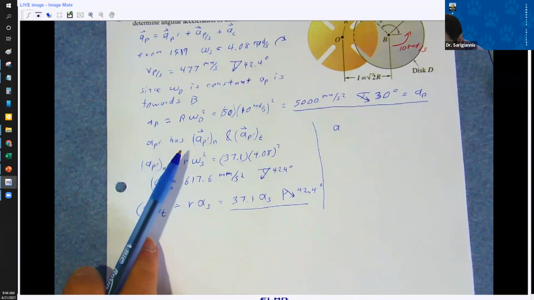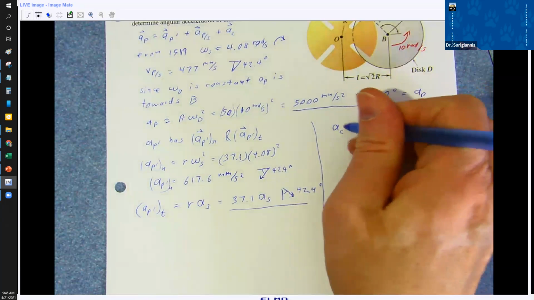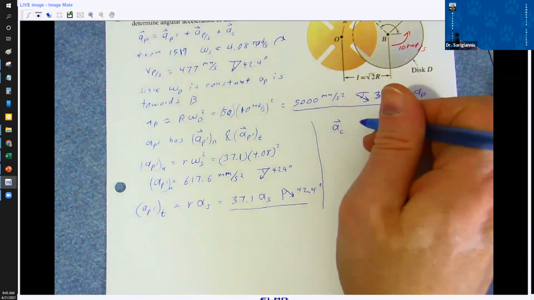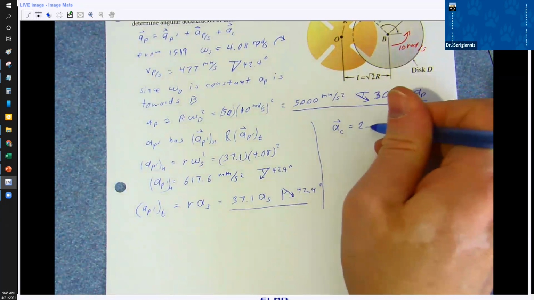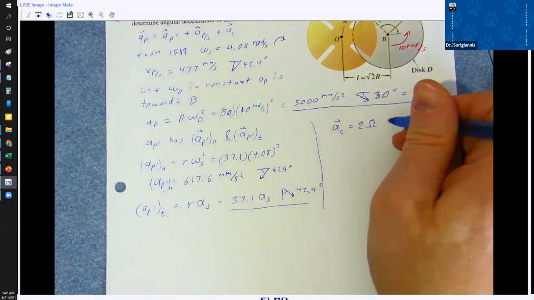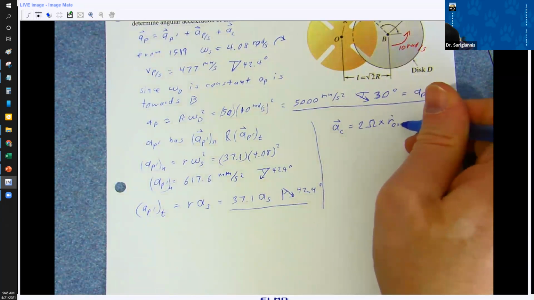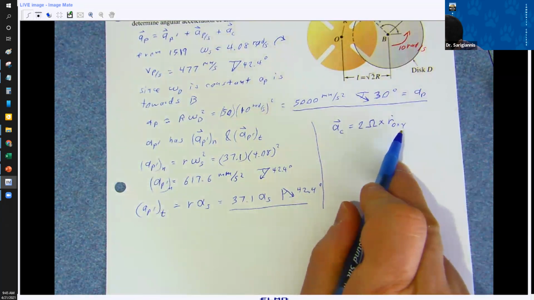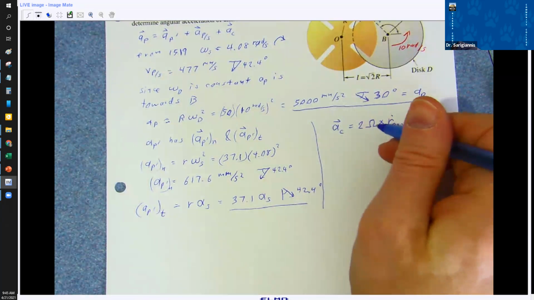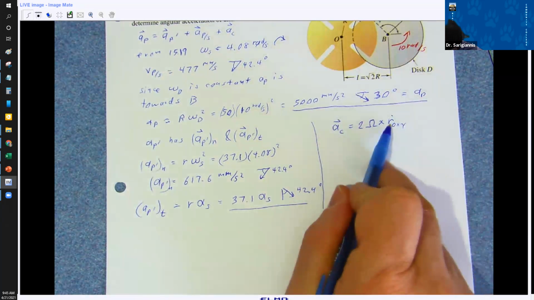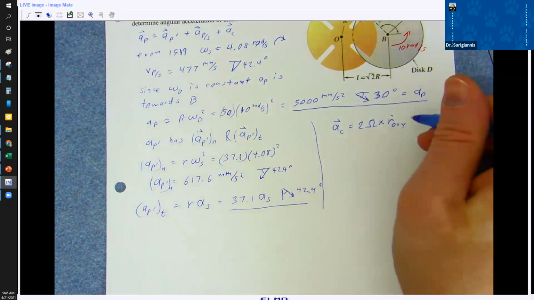Let's look next at the Coriolis acceleration. This is 2 omega crossed with R dot OXY. These are the little XYs, right? R dot OXY is just VPS, right?